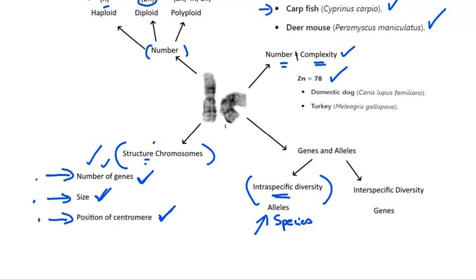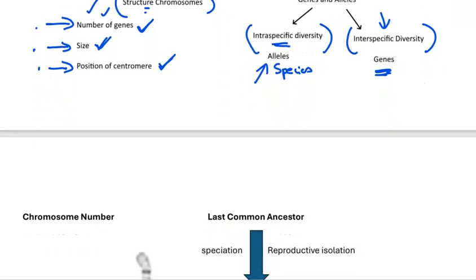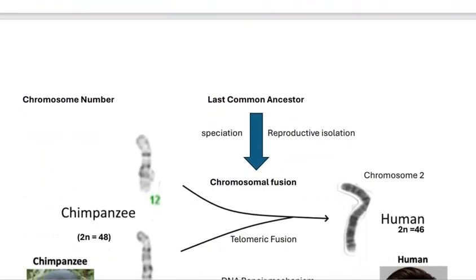So individuals within a population will have different alleles for a gene, whereas different genes would be an aspect of interspecific diversity on top of chromosome number, chromosome size, and centromere position, but we would actually also find different genes in those.